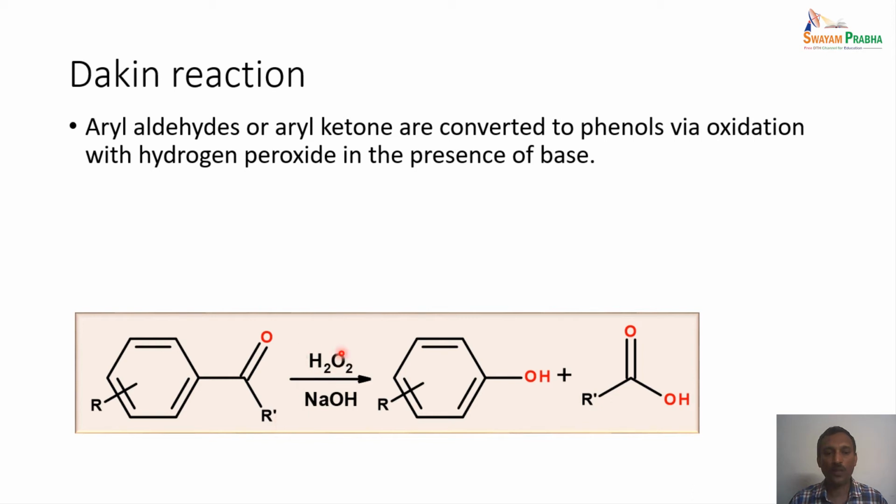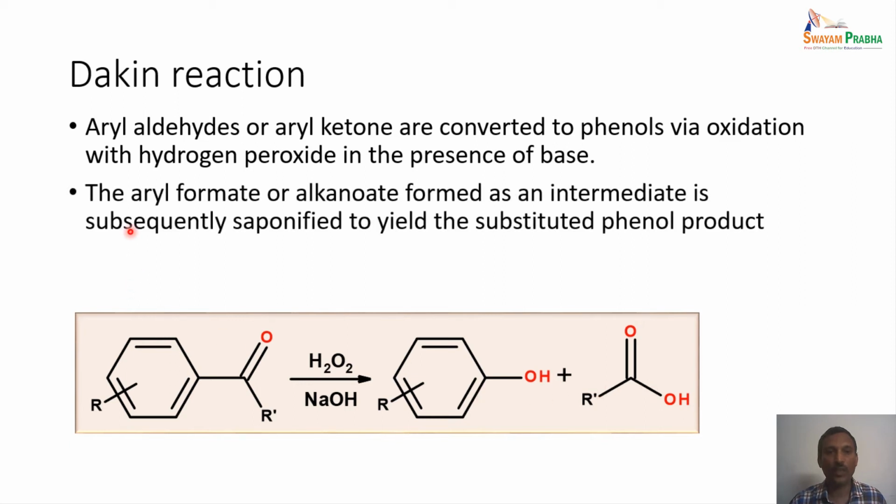So in the presence of hydrogen peroxide and the base, phenol is formed with the concomitant formation of the carboxylic acid. This particular group and this carbonyl group are cleaved from the molecule, and we end up with the corresponding acid. If it is a hydrogen, then we end up with formic acid, and if it is an alkyl group, we get the corresponding alkyl carboxylic acid.